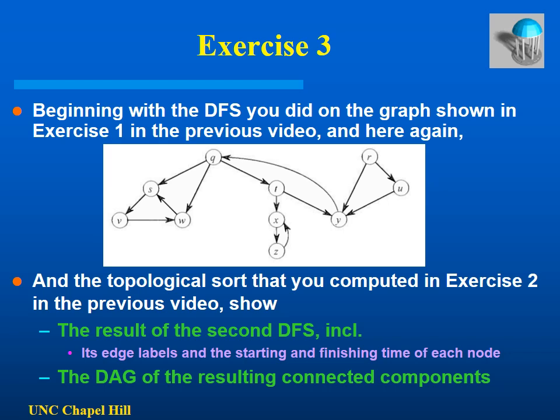So what we need to do is to do the second DFS, including labeling its edges and starting and finishing times, and produce the connected components and the DAG connecting them.